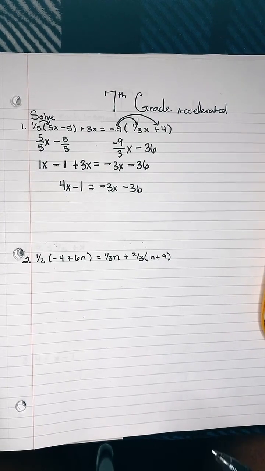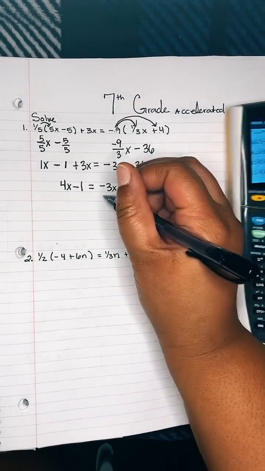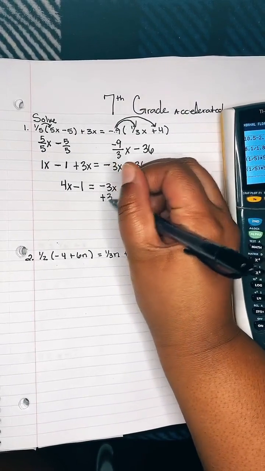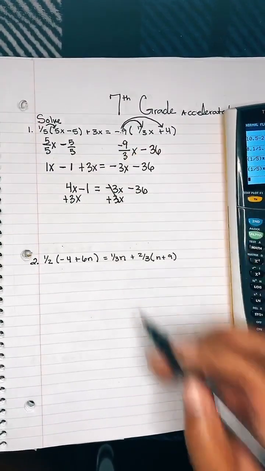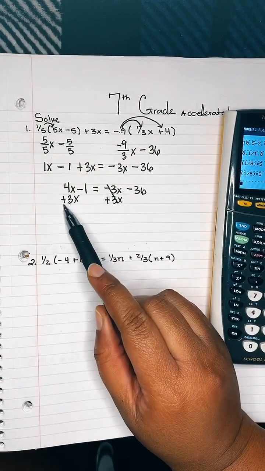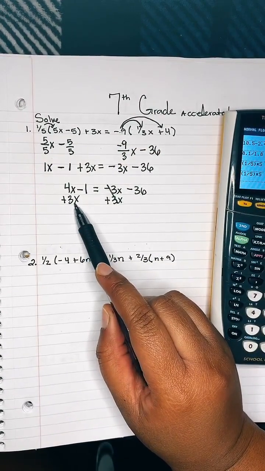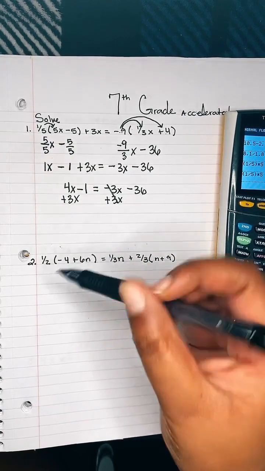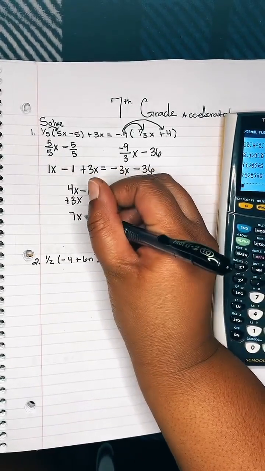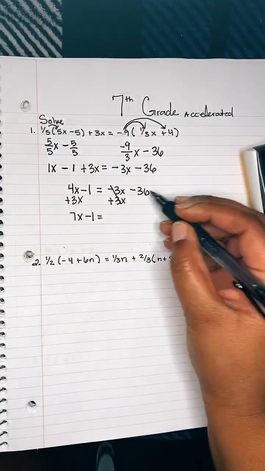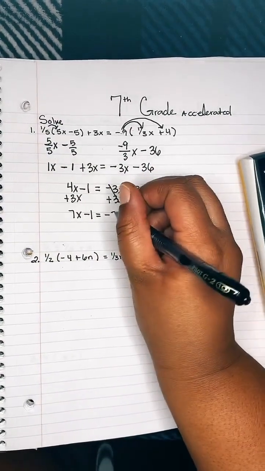Add. Perfect. Positive. Love it. Plus 3x plus 3x. Wonderful. This cancels. And then we have 4x plus 3x. 4x plus 3x's gives us, Julia says 7x. We're going to bring down our minus 1 equals, and we have this negative 36.